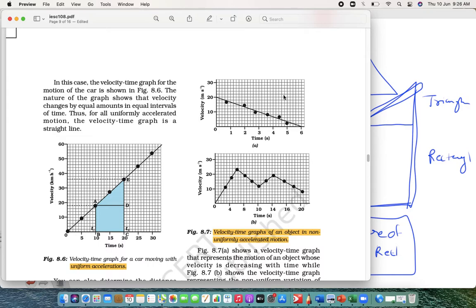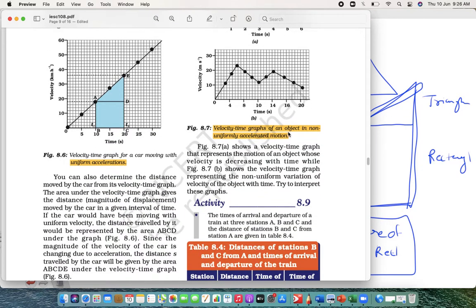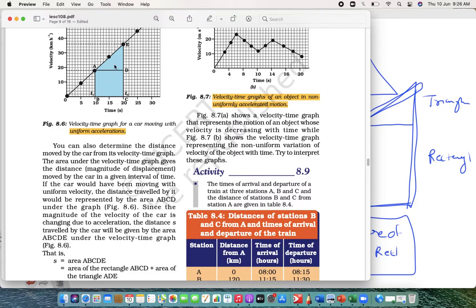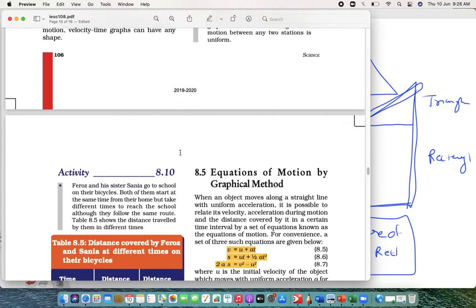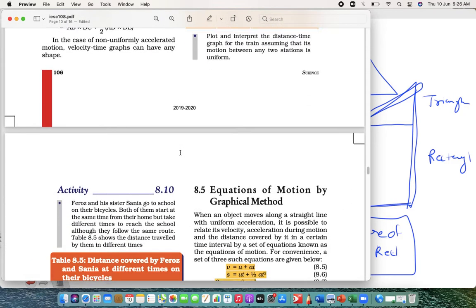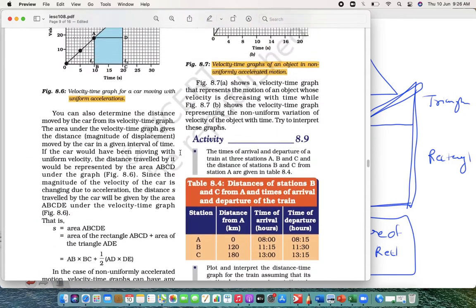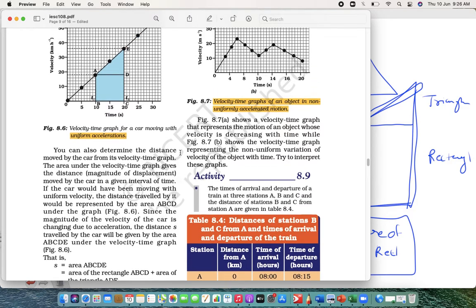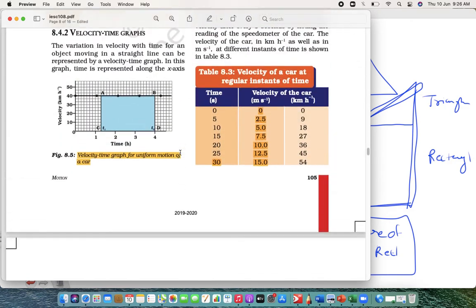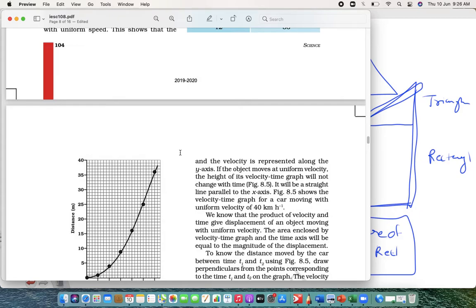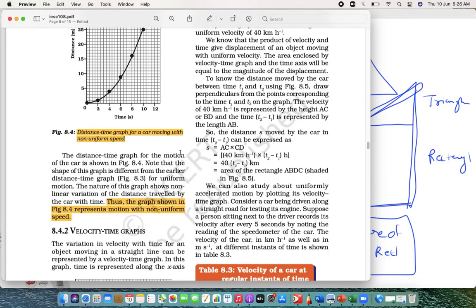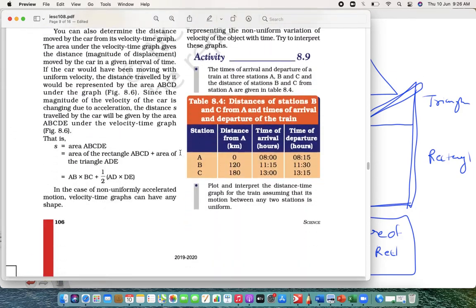It can be represented in terms of a graph. And whenever we shade any region and find out the area, basically you have found out the distance from that graph. So this is what I wanted to teach you regarding graphical representation of the velocity versus time graph and distance versus time graph.